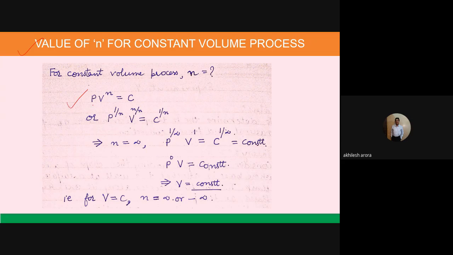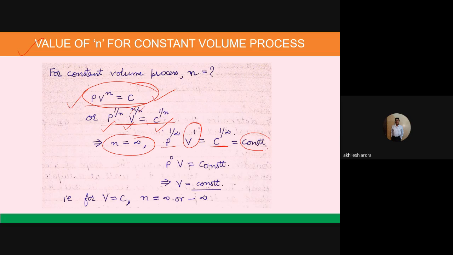When I take PV raised to power N is equal to constant, I take the nth root of this equation. So you get P raised to power 1 by N, V raised to power N by N, C raised to power 1 by N. If I take N is equal to infinity, just see it: P raised to power 1 by infinity, V raised to power N by N, where N and N cancel, so V raised to power 1, and C raised to power 1 by infinity.